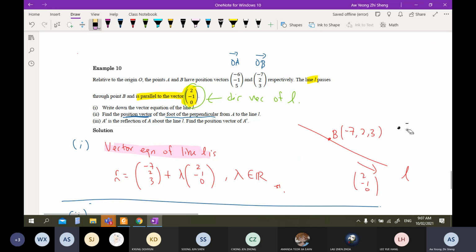It's better to position your A somewhere away from B, so that the foot of perpendicular doesn't overlap with point B. We can't simply assume that F and B overlap because the question doesn't say that. Anything that the question doesn't say, we can't simply assume. So let's call this F.